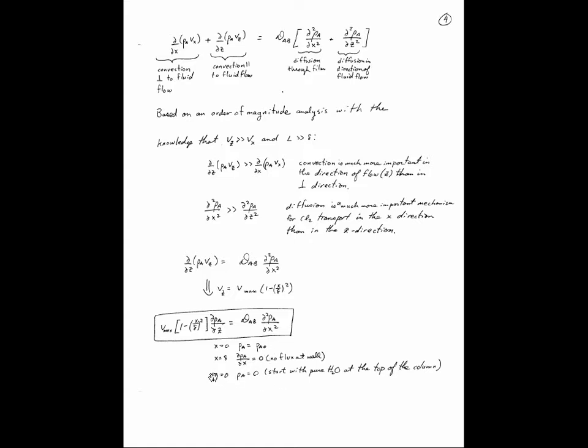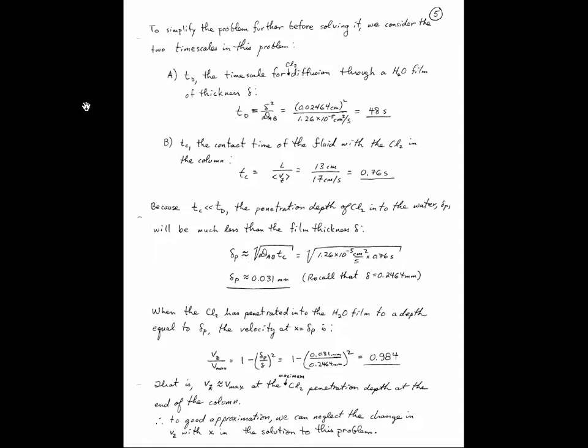At the wall, we have no flux of chlorine through the wall, and we treat the water as being chlorine-free at the top of the column. We can simplify the problem further by considering the time scales in the problem.